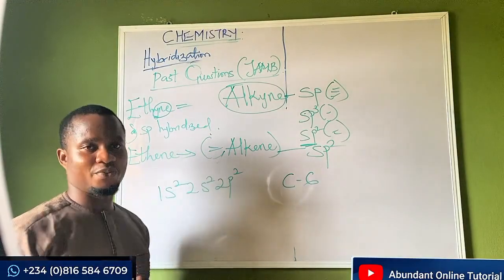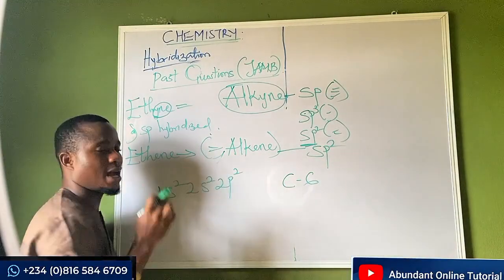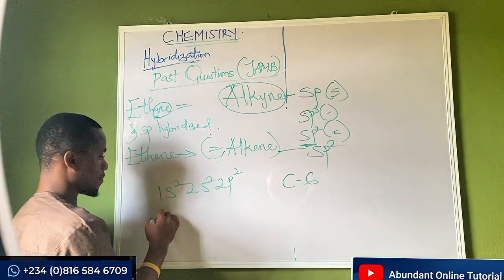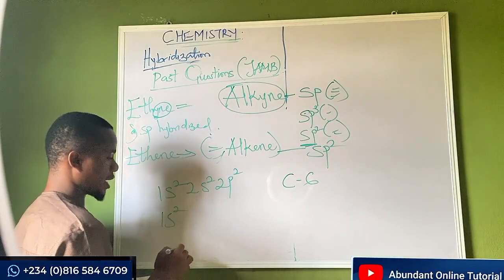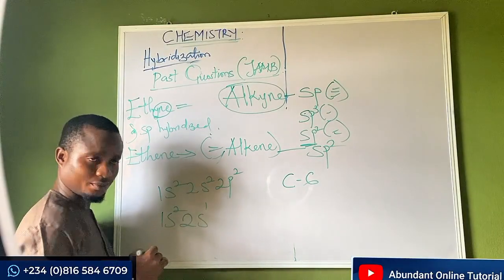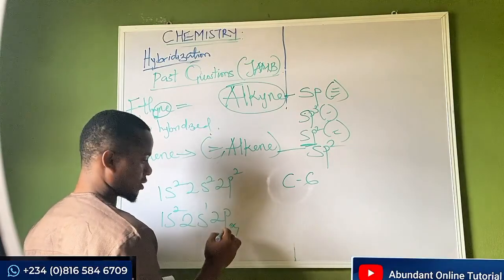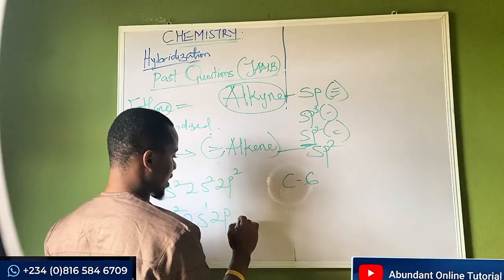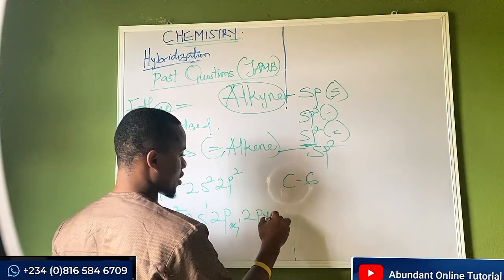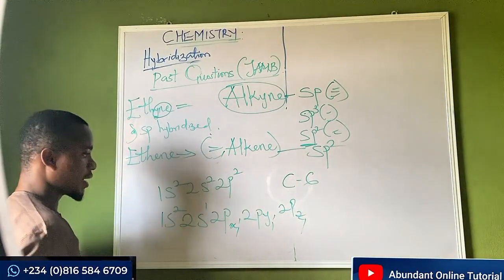And remember that my p has 3 sublevels. So I now have 1s2, 2s1, 2px1, then 2py1, and 2pz1.